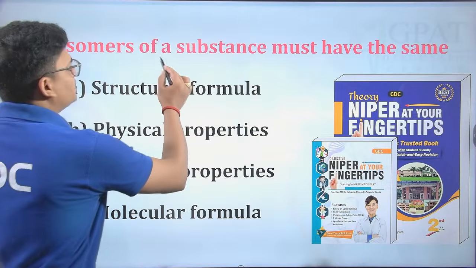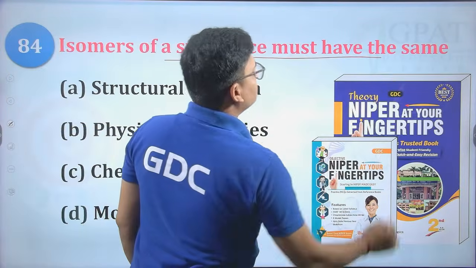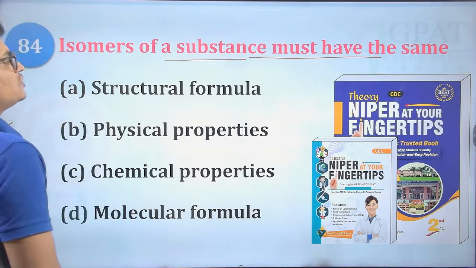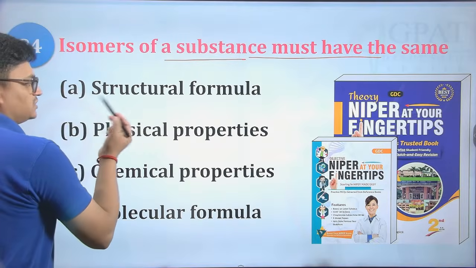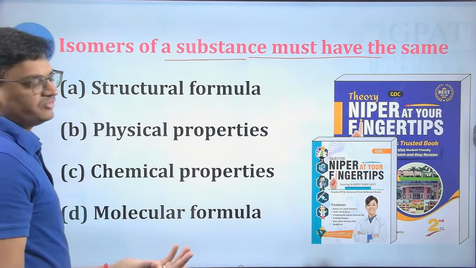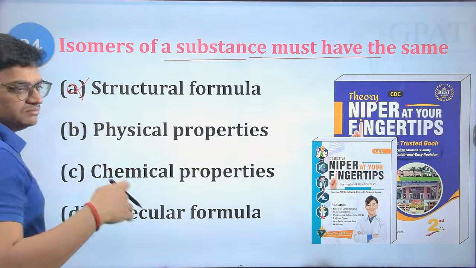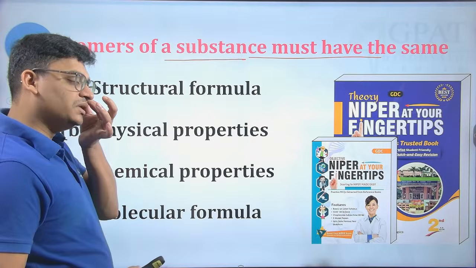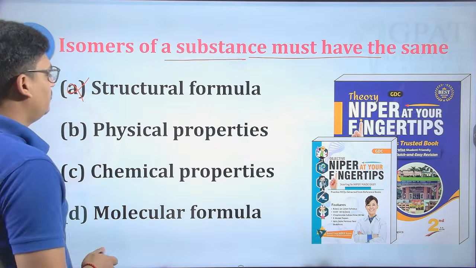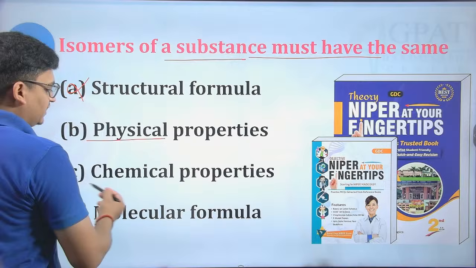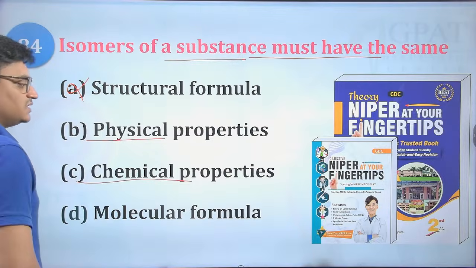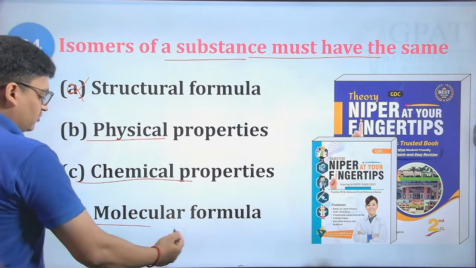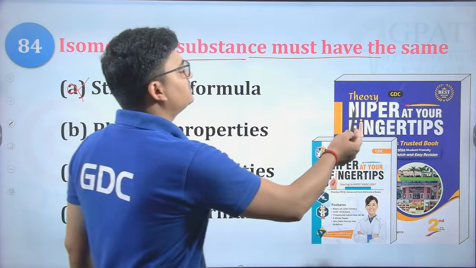Isomers of a substance must have the same what? The same structural formula? No, structure can differ. Structure may differ in the case of structural isomers. Physical and chemical properties also differ between the compounds. Molecular formula, so what is the same?